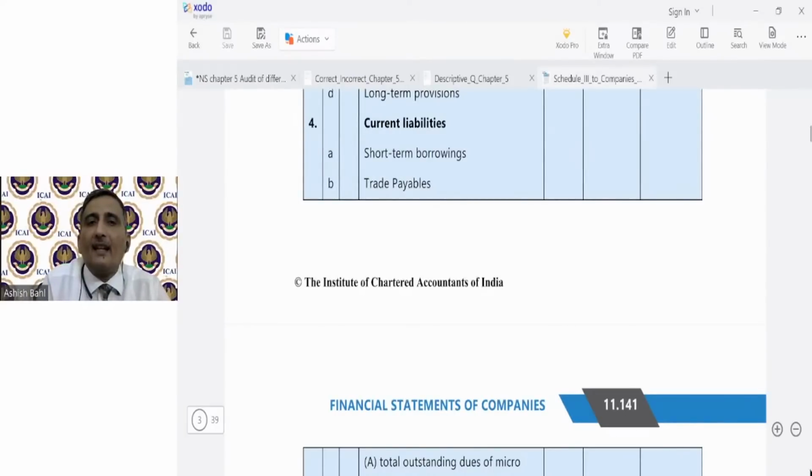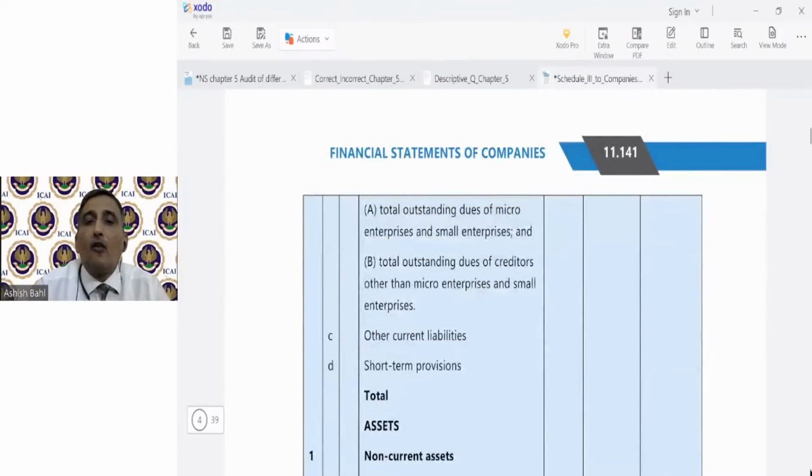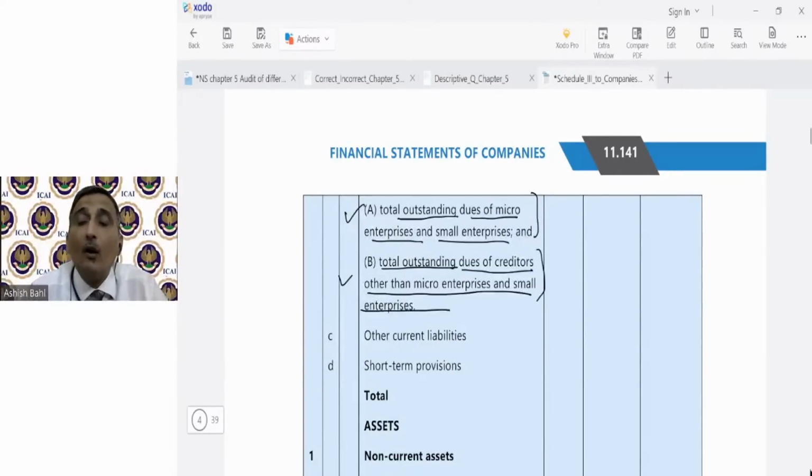It is falling under the head of current liabilities. B point is trade payables, and what it is to be classified as? A, total outstanding dues of micro enterprises and small enterprises, and total outstanding dues of creditors other than micro enterprises and small enterprises. So students, now it has been made mandatory.